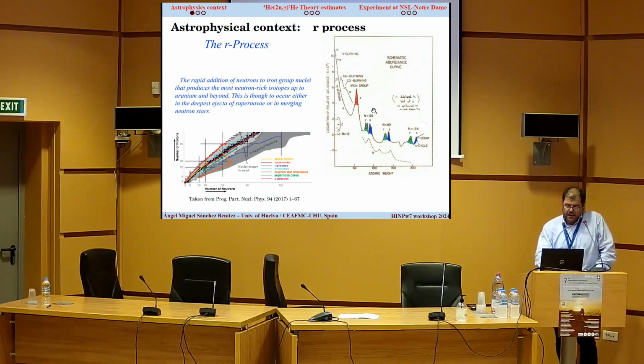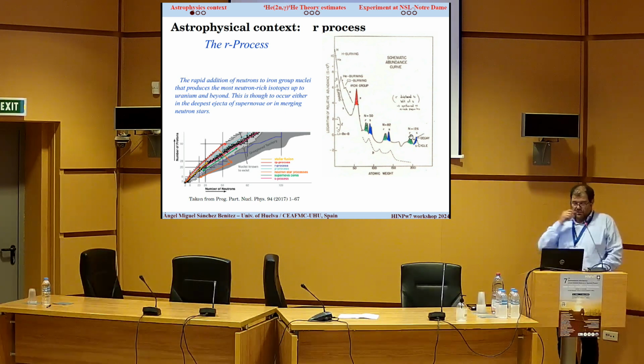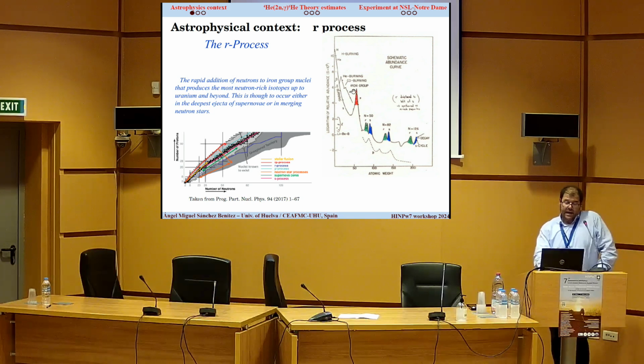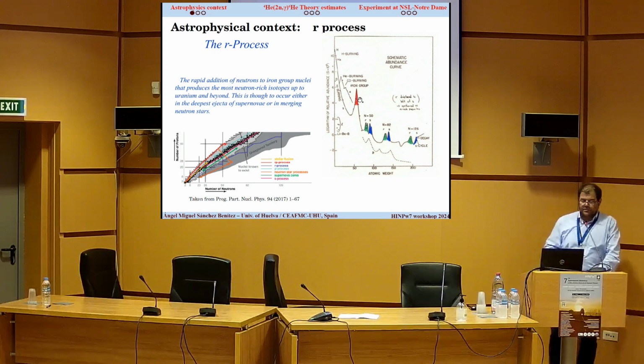Here we have the iron peak, and then the R process, also the S process, but we will speak about the R process, which brings us to heavier elements than the iron peak.